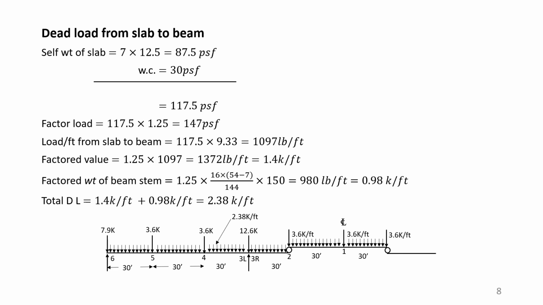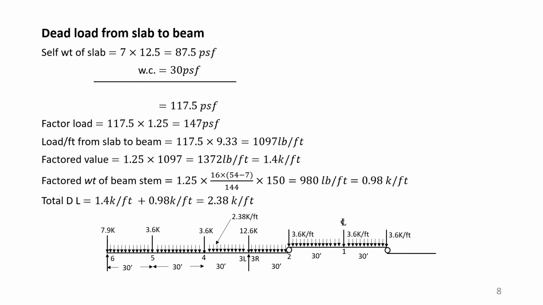That means slab weight is 87.5 psf, and wearing course is 30 psf, and the total is 117.5 psf. The factored load is again multiplied by 1.25, as for dynamic load we use 1.25 as the load factor for dead load, and it is 147.